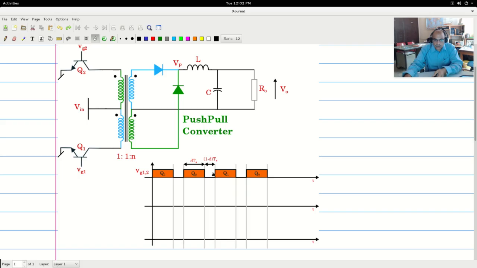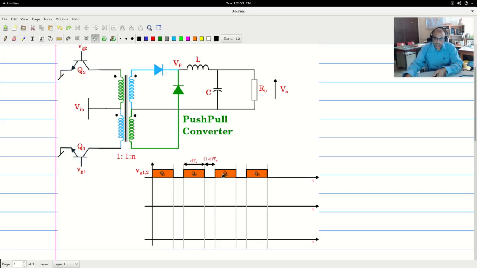And again, you have a period of time when both are off. And then Q1 again is on, both are off, Q2 is on. So in this fashion, you have alternately Q1, Q2, Q1, Q2 being on, and in between there is a period of time when both are off.